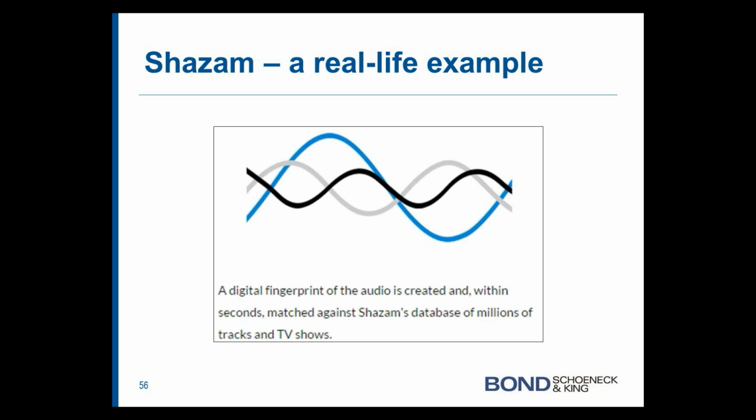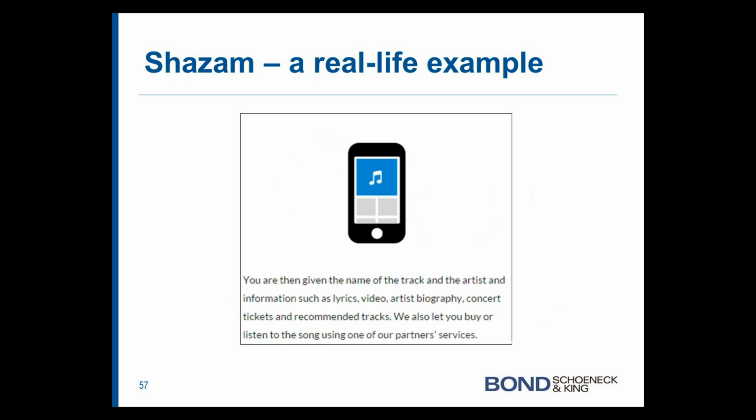Your iPhone starts to collect and capture a digital fingerprint of the song, and within seconds it's sent to Shazam's database and matched with the song that's stored in Shazam's database, which has millions of song tracks and TV shows. You're then given the name of the track by the application and the artist and information such as lyrics, music videos, artist biography, concert tickets, and recommended tracks. You can also buy the song or the album that the song is on.